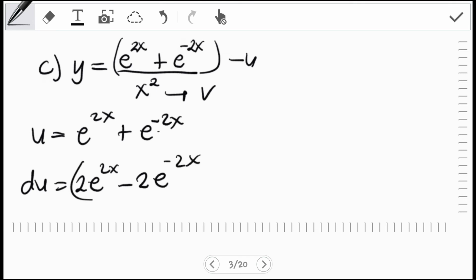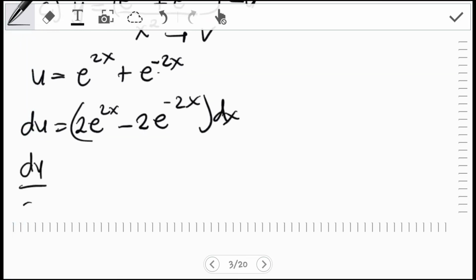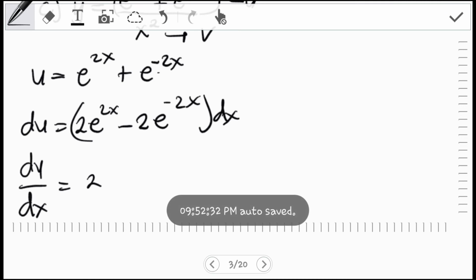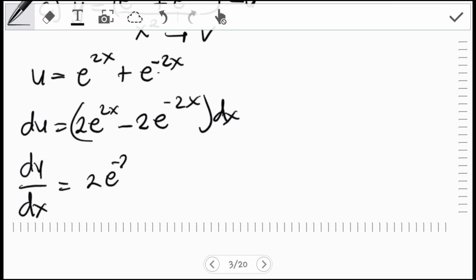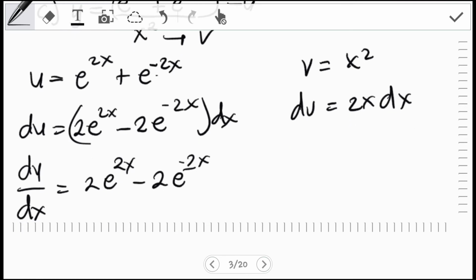Okay. So v is equal to x squared and dv is 2x dx, so dv over dx is 2x.